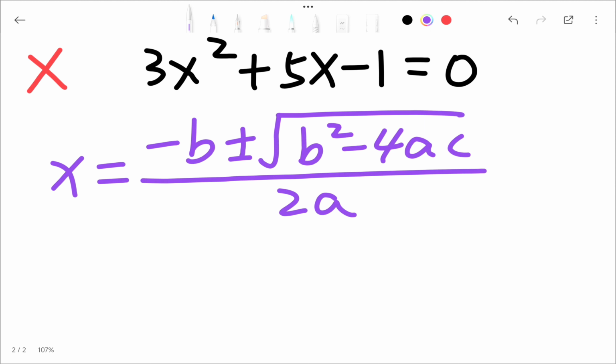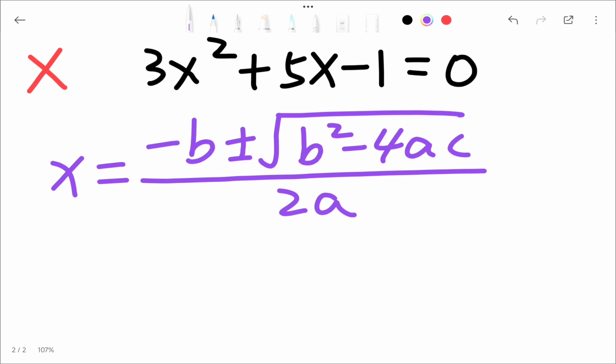Something about this formula is it actually works for all quadratic equations, not just this particular type. However, I encourage you to try different methods for different types of quadratic equations, instead of using this formula for everything.